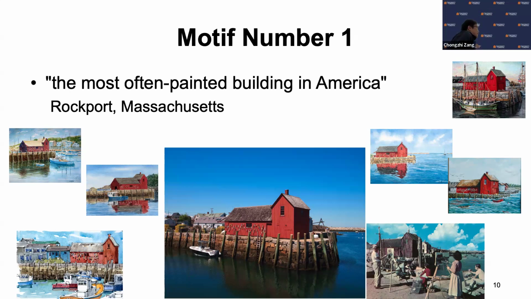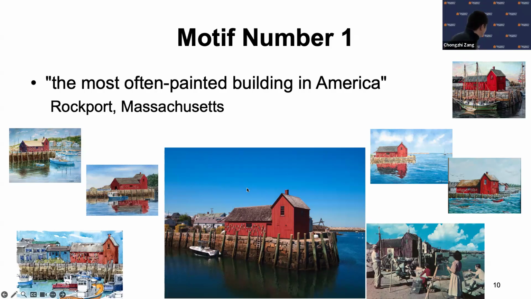Usually this small house is called Motif Number 1. It is called that because in modern art history, especially from the late 19th century to the early 20th century, it was called the most often painted building in America.